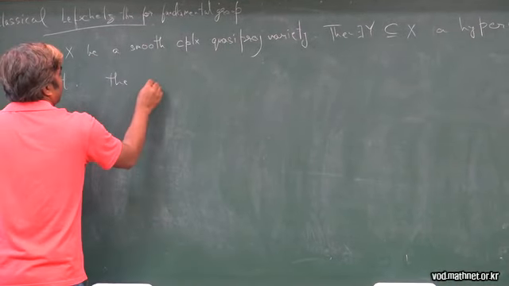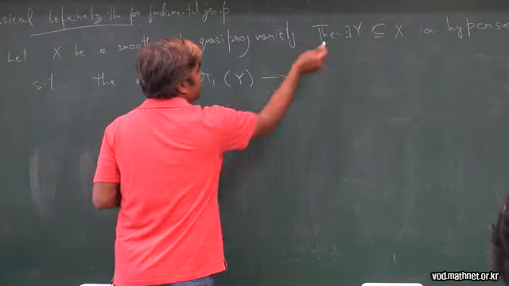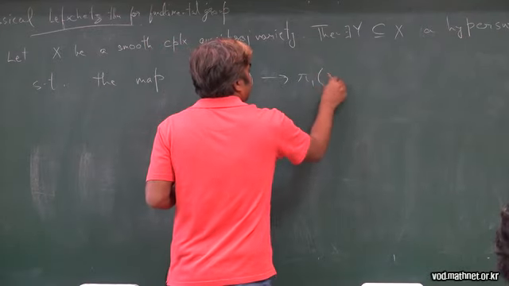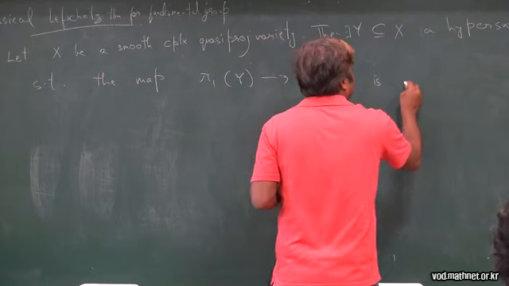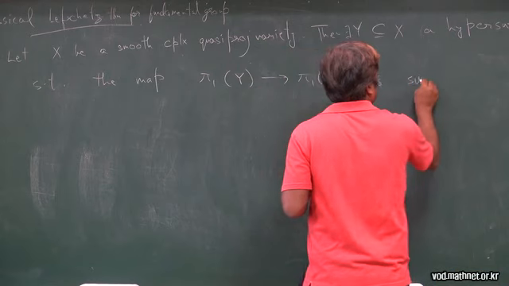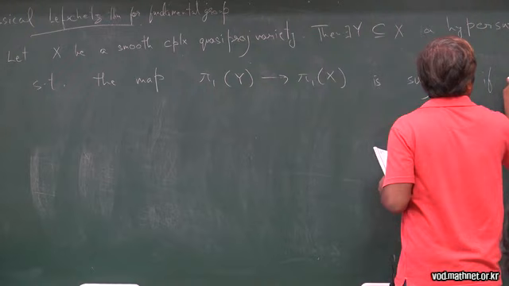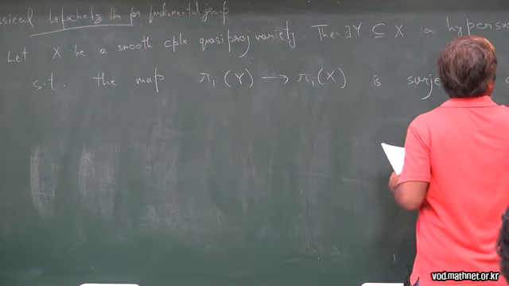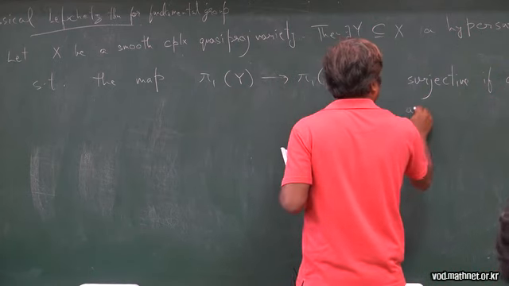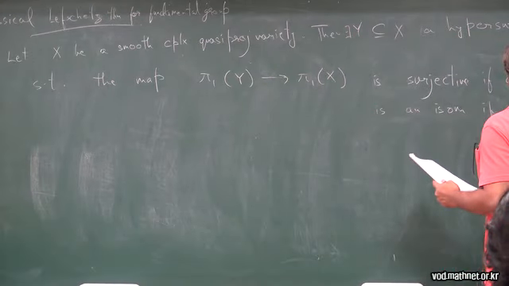the induced map from pi 1 Y to pi 1 X, this natural map, is surjective if dimension X is greater than or equal to 2, and is an isomorphism if dimension X is greater than or equal to 3.